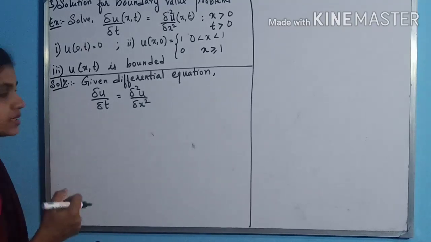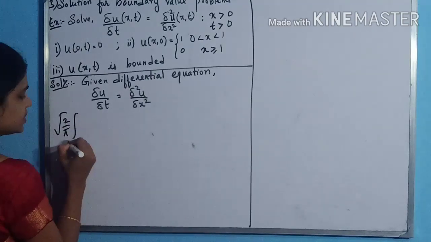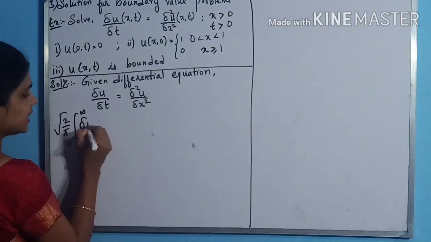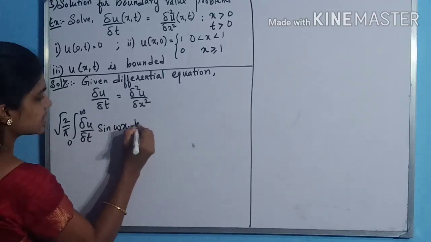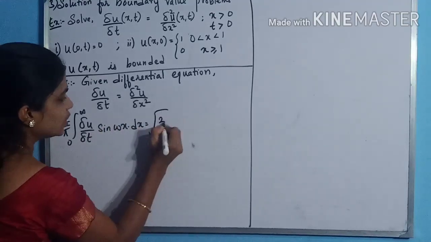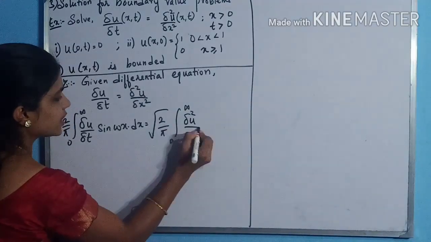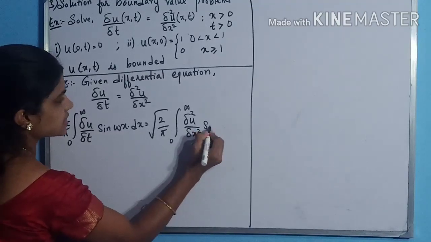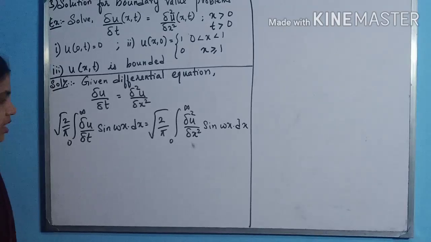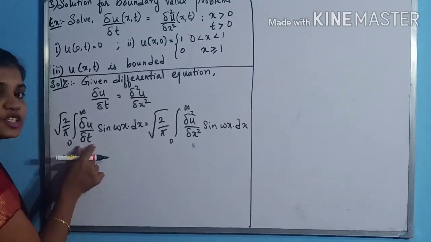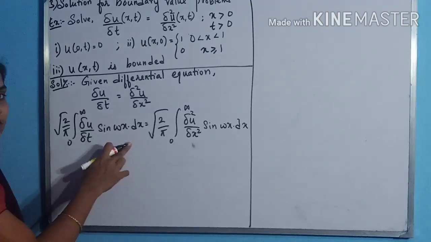with respect to x. So we have root 2 by π, integral 0 to infinity of ∂u/∂t sin(ωx) dx, equal to root 2 by π, integral 0 to infinity of ∂²u/∂x² sin(ωx) dx. Now, since this is differentiation with respect to t, I will take it outside because the integration is with respect to x.